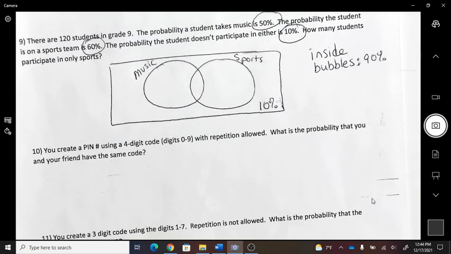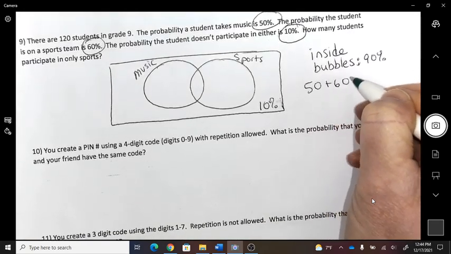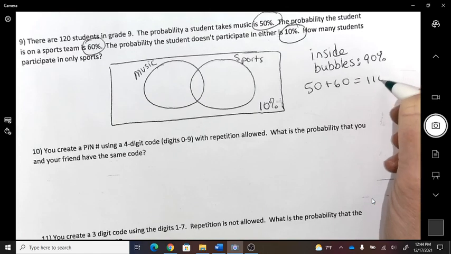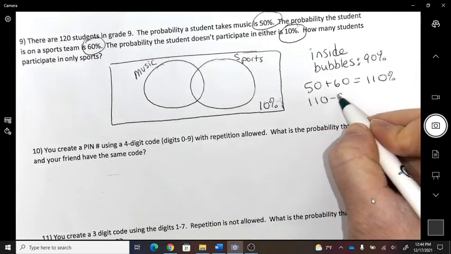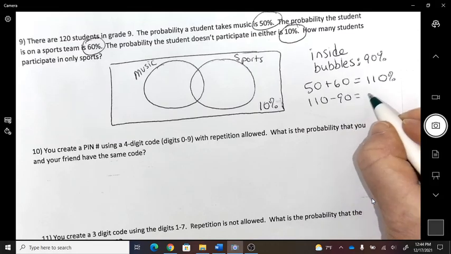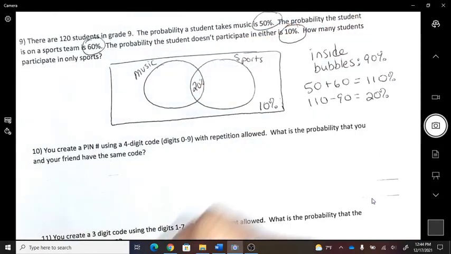Okay, there was a 50% plus a 60%, which is 110%. Ooh, that's too much to put in my bubbles. So then what? Subtract, which leaves me with a 20% overlap.